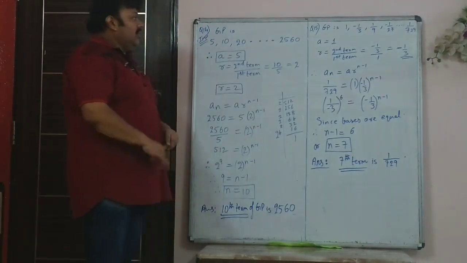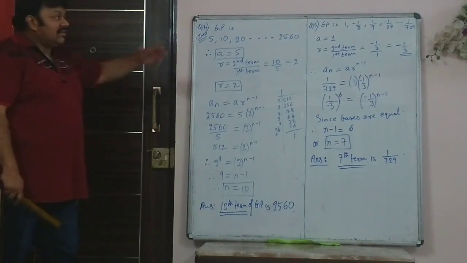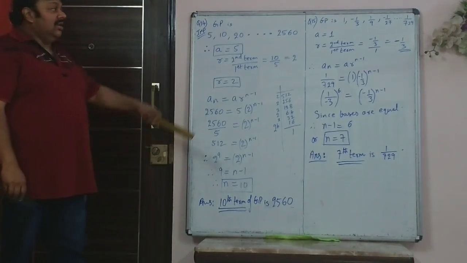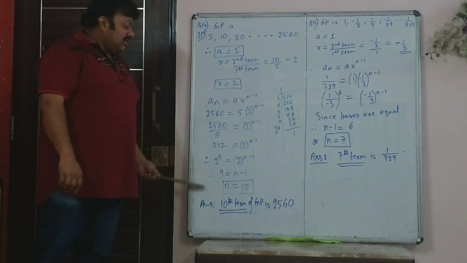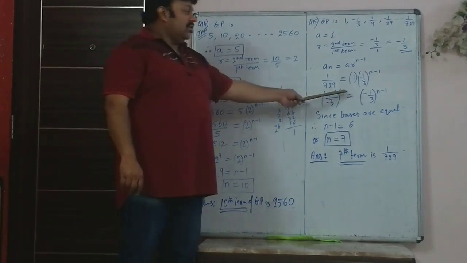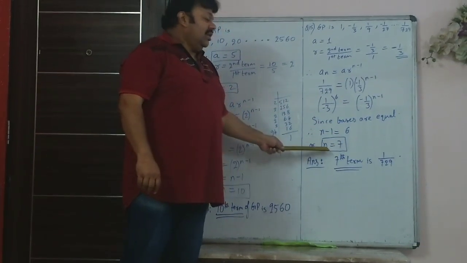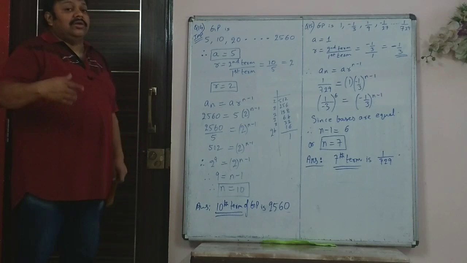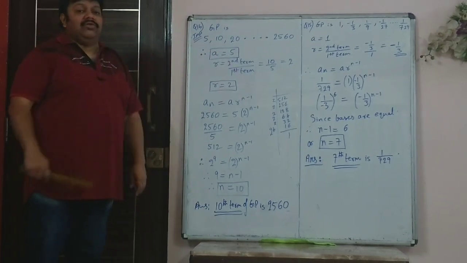So this is how you do sums where the nth term is given: you first find a, then you find r, and after that make the bases equal so that you can compare the indices. In both these cases you have compared the indices and then found the value of n. So that will be the term of the GP.